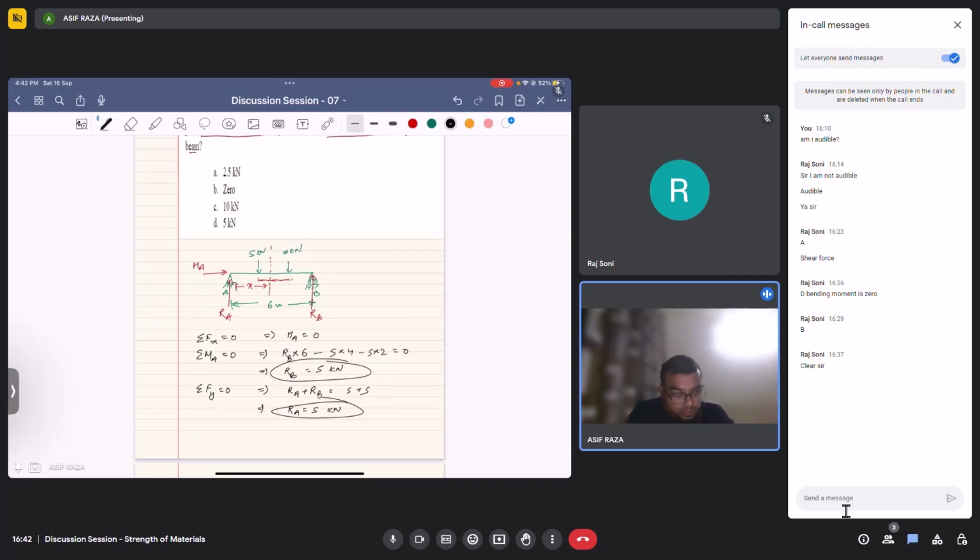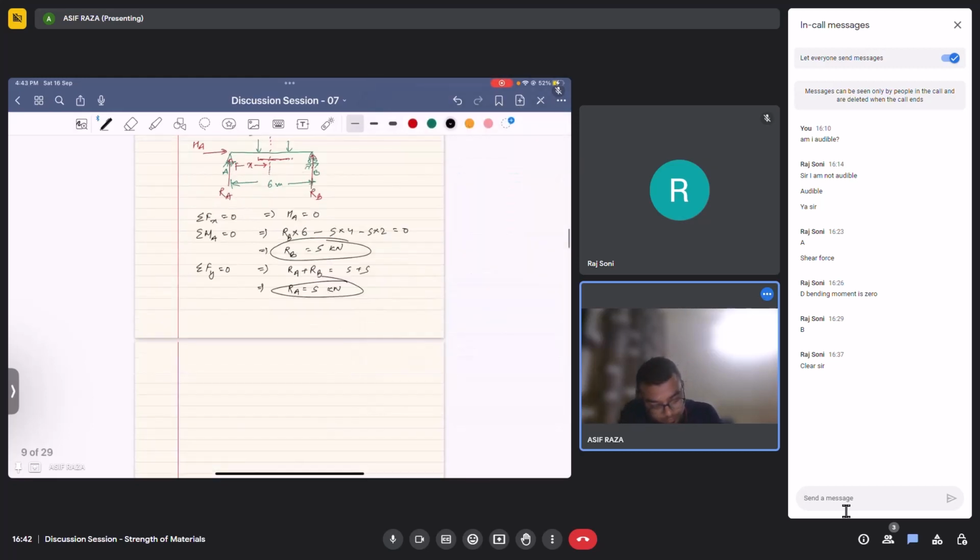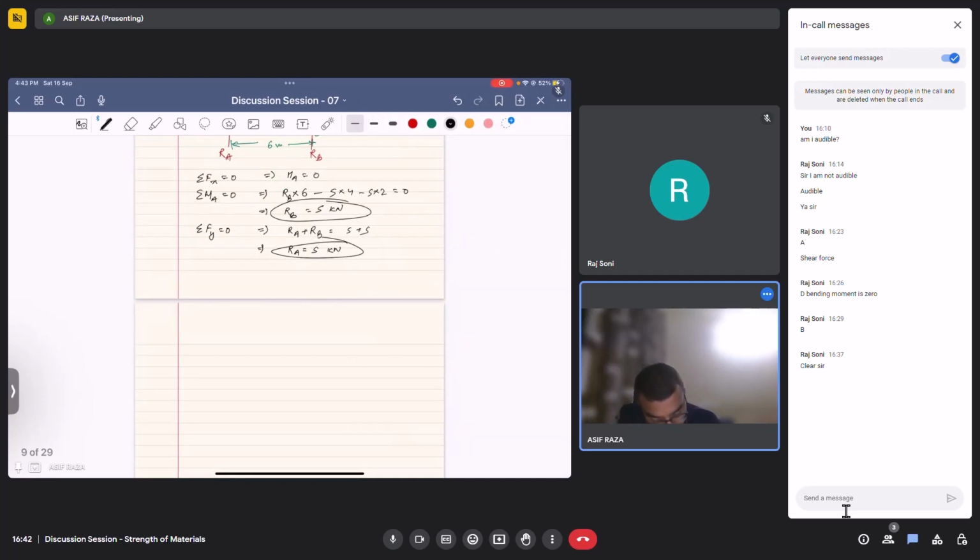Now let us draw the SFD, shear force diagram. So it will come out to be, since the structure is now like 5 here, 5 here, 5 here, and 5 here.